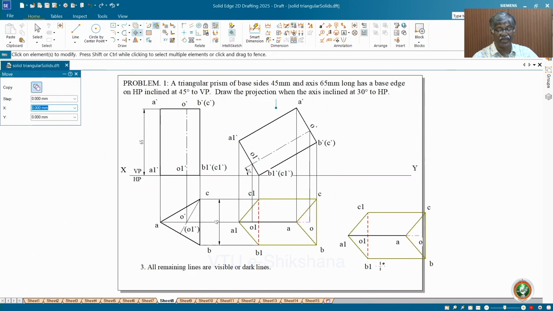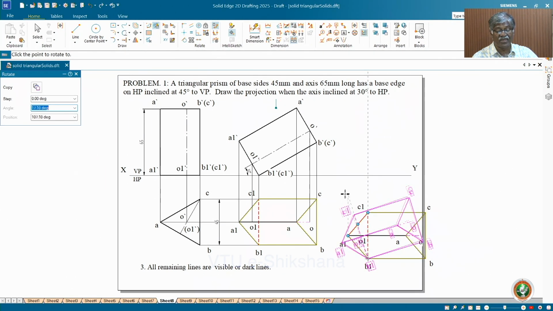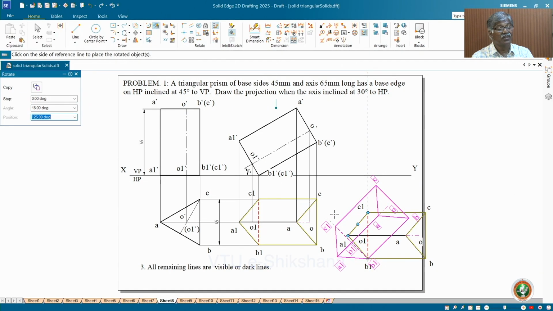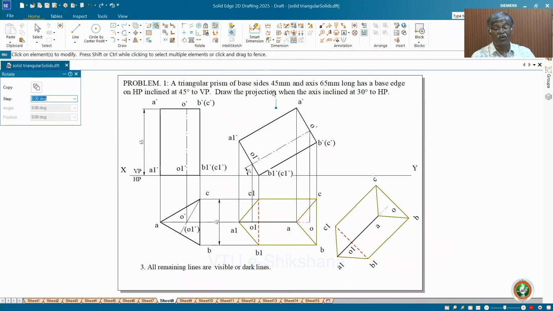Otherwise, you can move again, no problem. Now you rotate. To rotate, same command. Rotate about B1, B1 C1. Since it is 45, it is very easy. You need not worry. 90 minus 45 is also 45 with vertical. Yes. That's all. Now you dimension.